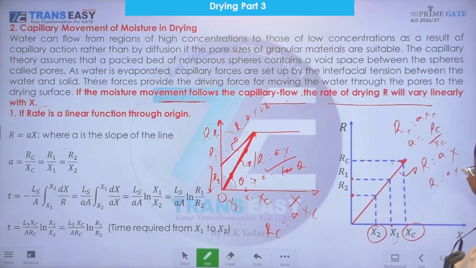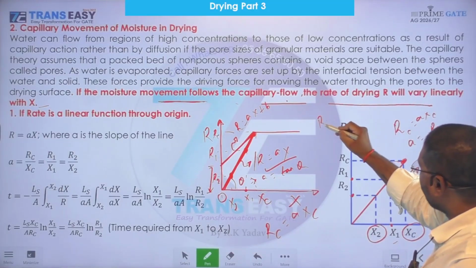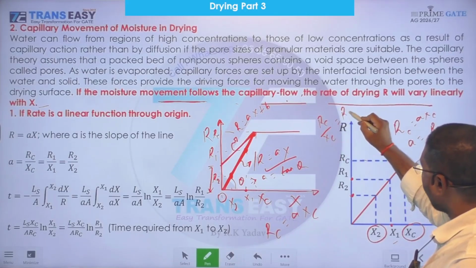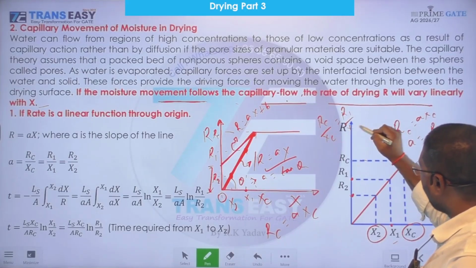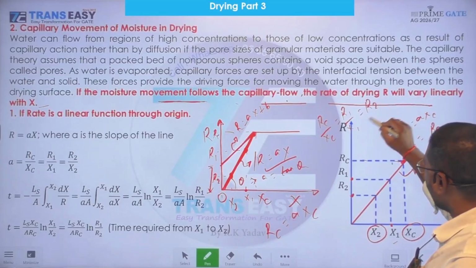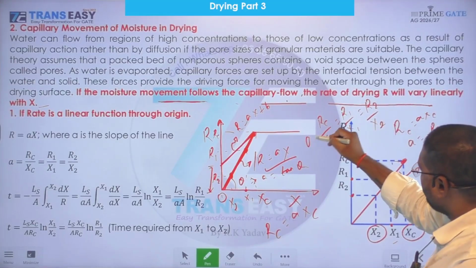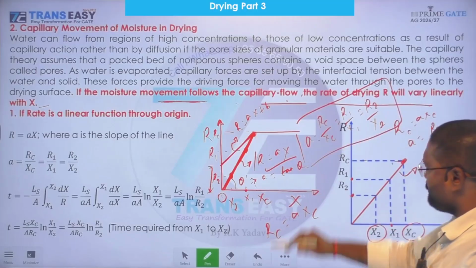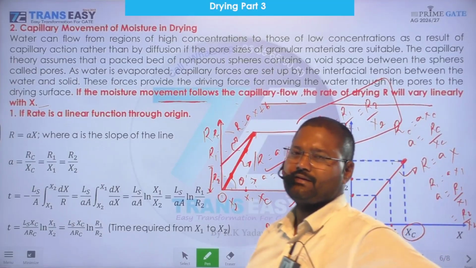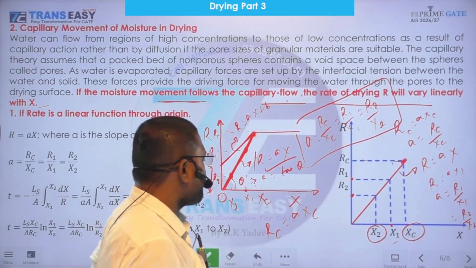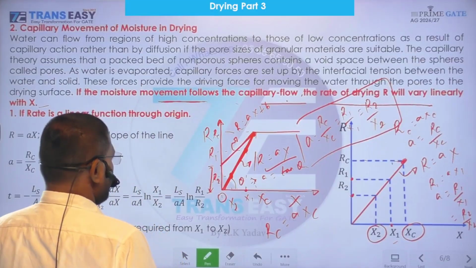Similarly, R1 upon X1, R2 upon X2. So all RC upon XC is equal to R1 upon X1, R2 upon X2, and they all give same result, slope of this straight line passing through origin, right?